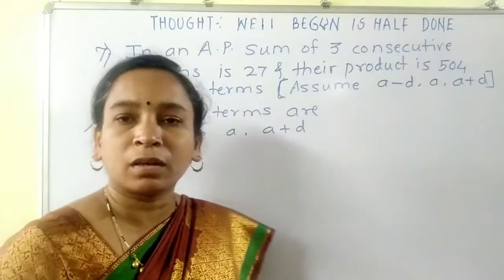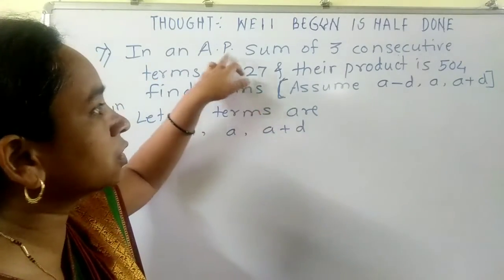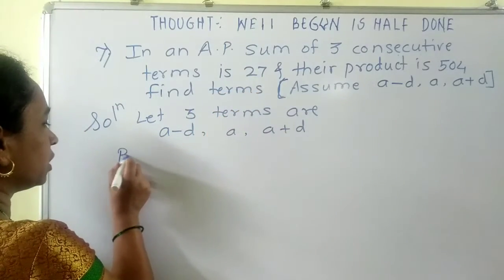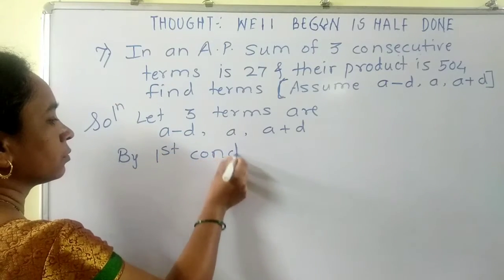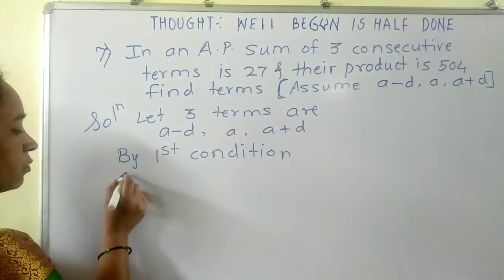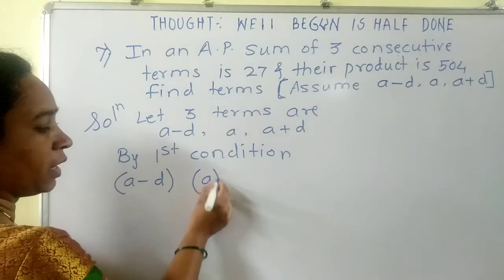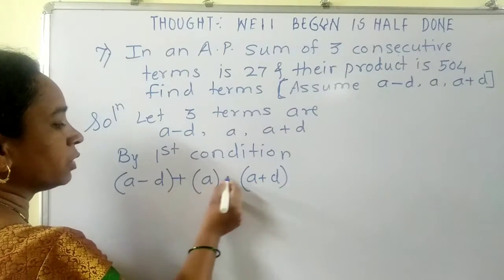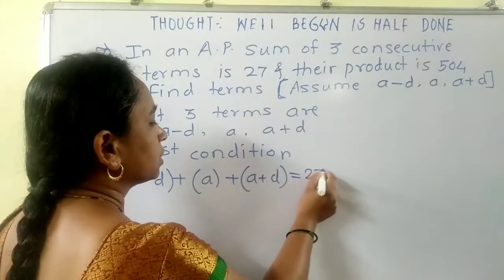Now here they gave the conditions. The first condition they gave is that the sum of those 3 numbers is 27. So by the first condition, the sum of those 3 numbers: the first number is a minus d, the second number is a, the third number is a plus d. Their sum is equal to 27.